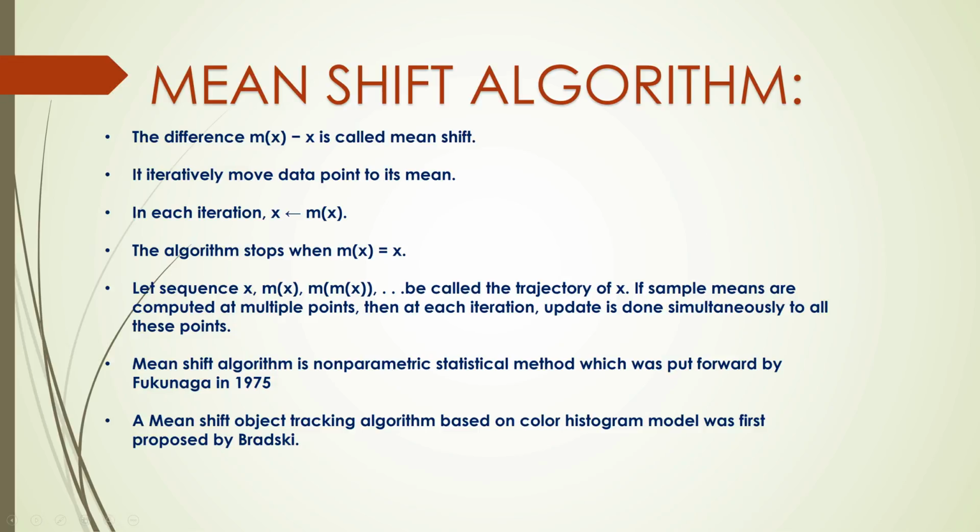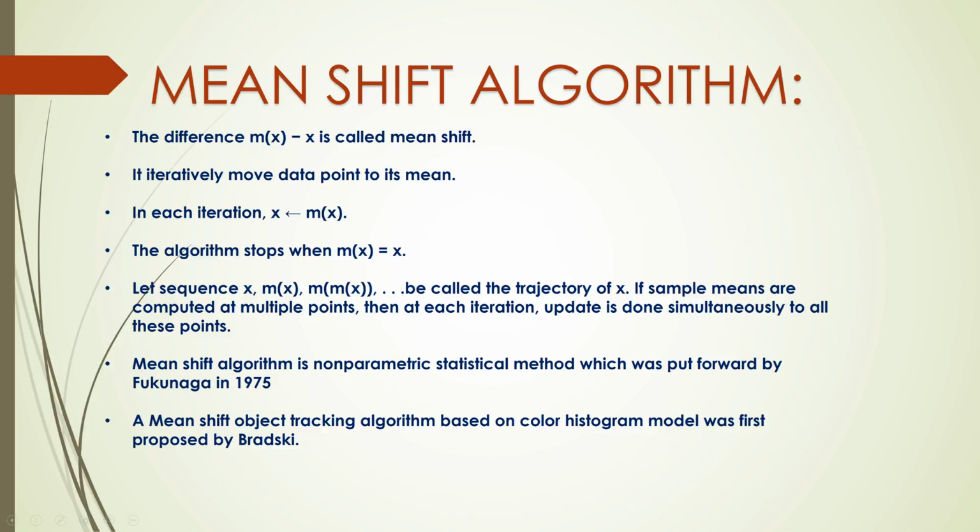The difference between m of x and x is called the mean shift. This is iteratively calculated to move the data point to its mean. In each iteration, x tends to m of x, and the algorithm stops when m of x equals x. Let the sequence x, m of x, m of m of x be called the trajectory of x, which is the object under consideration.